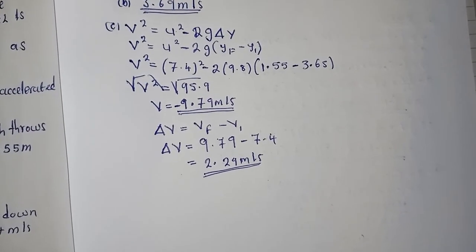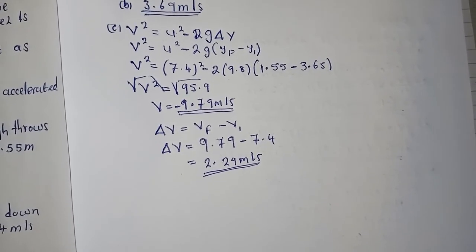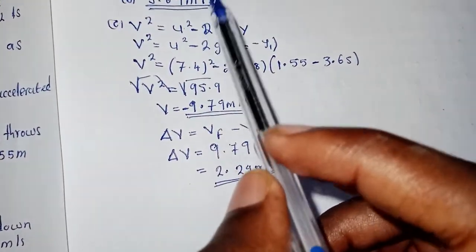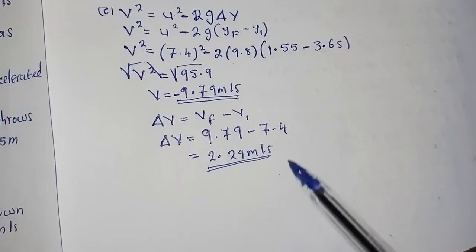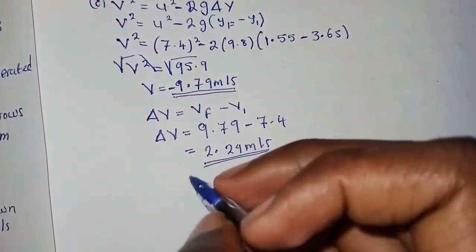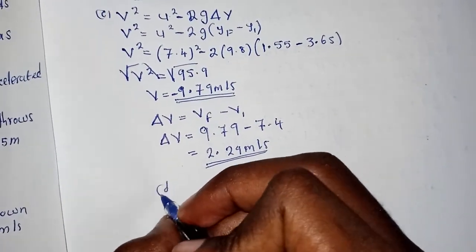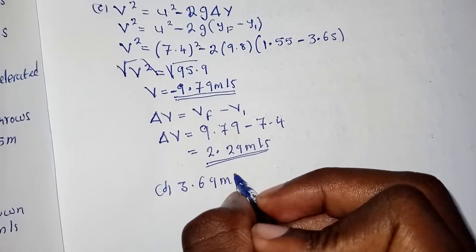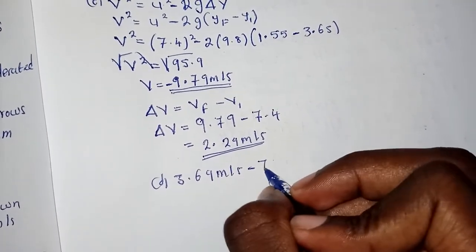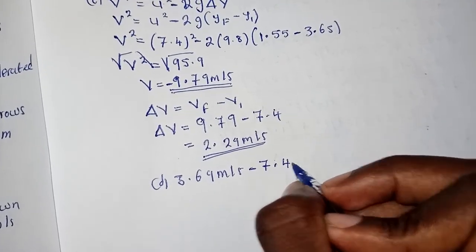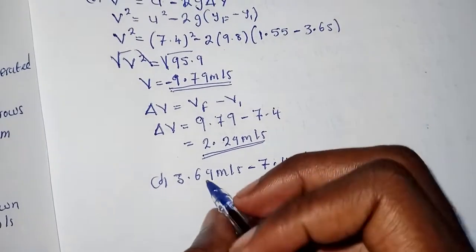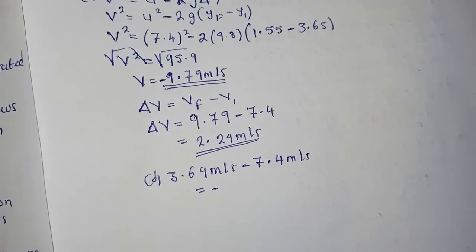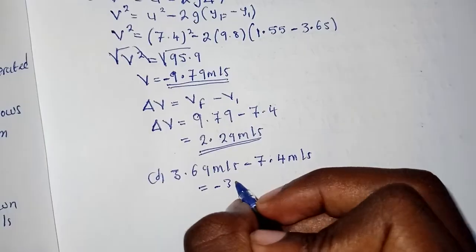You calculate the speed when it was going upward, 3.69 meters per second, and subtract it from the initial speed up there, and you get a negative answer, something like 3.71.